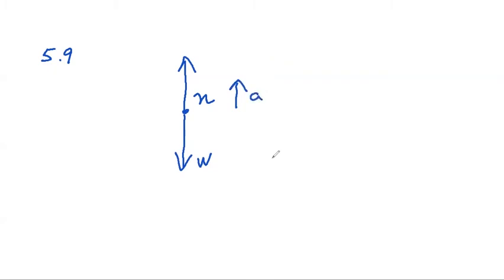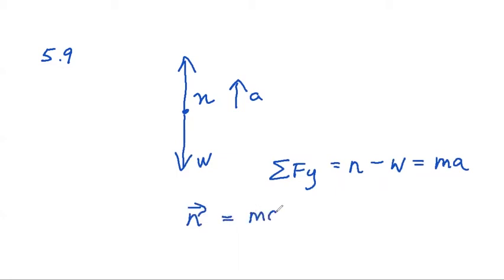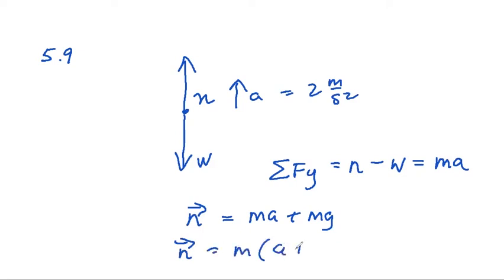Okay, so we have the sum of the forces in the y. We're looking for the normal force: the normal force minus the weight equals ma. So the normal force equals ma plus mg, and we already know A equals 2 meters per second squared. So the normal force equals m times A plus g.